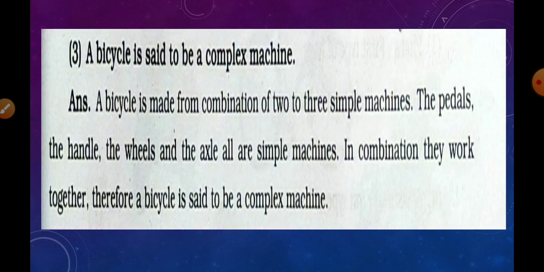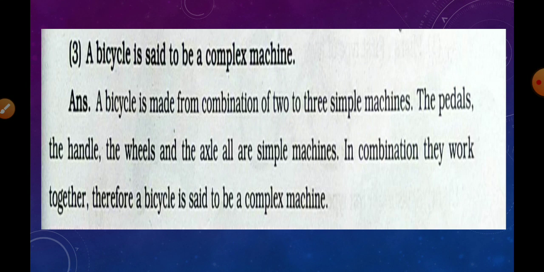Next question, the third one. Why is this so? A bicycle is said to be a complex machine. Why is it a complex machine? More parts are joined together. A bicycle is made from a combination of 2 to 3 simple machines.